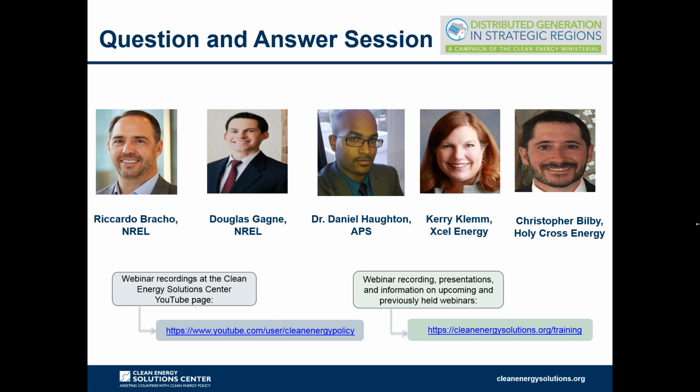Yeah, Holy Cross is having a lot of the same problems as Arizona and Xcel. We have one feeder right now that's completely shut down and can't take any more distributed generation on it. And we're working with Xcel on upgrades to the substation on how we can provide more resources out there.